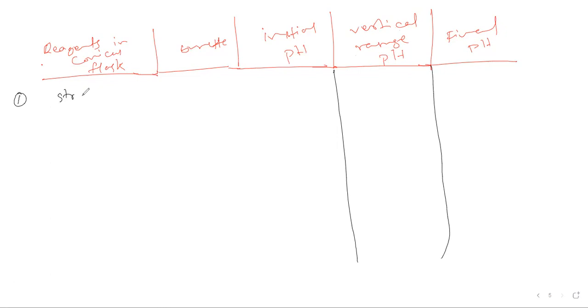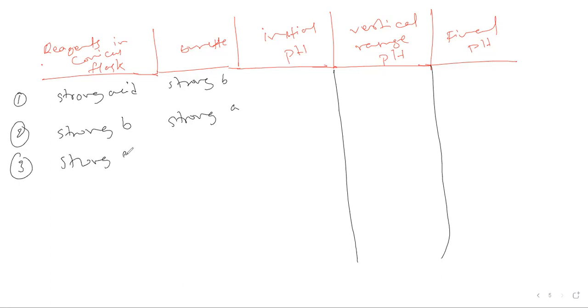Now over here, this is a strong acid. In the burette you have a strong base. B represents base and A represents acid. So we have strong acid in the conical flask and strong base in the burette, and the other way around. Then we can have strong acid, and here WB, which is weak base, and then weak base the other way around with strong acid.